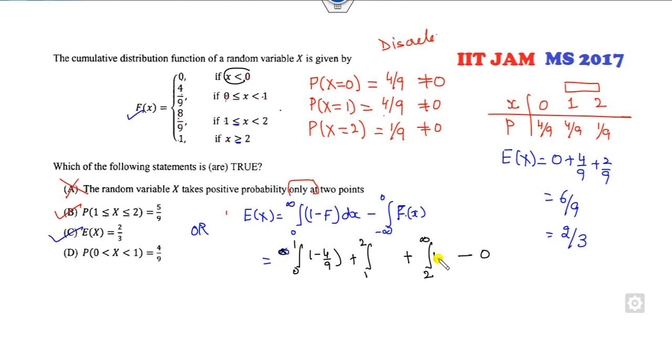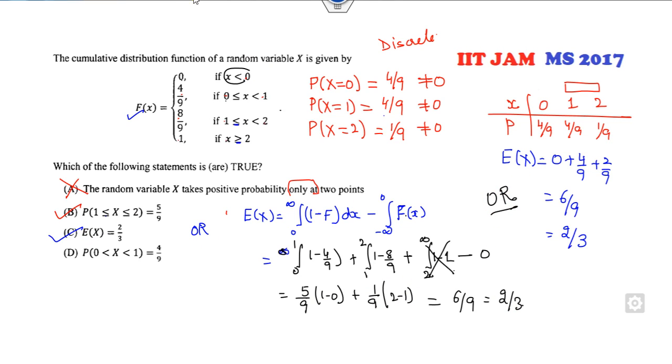This is 1 minus 1. This is 1 minus 8 over 9. So this value is also 0. So it is 5 over 9 from the integration of 0 to 1, and 1 over 9 from 2 minus 1. So 5 over 9 plus 1 over 9 is 6 over 9. Again you will get 2 over 3. So either you can use the PDF or the CDF, that's your choice.